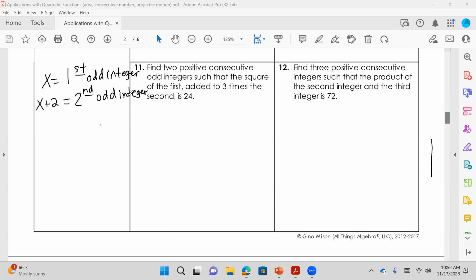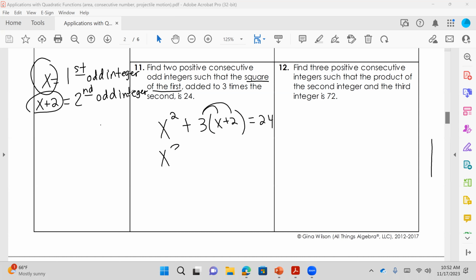Such that the square of the first, well, this is the first one, it says to square it, added to 3 times the second, which is x plus 2, is 24. And now you just solve it. So we'll distribute. This is x squared plus 3x plus 6 equals 24. We're going to move the 24 to the other side.